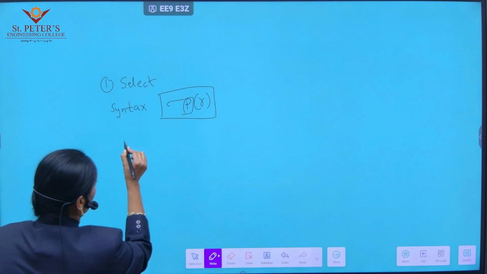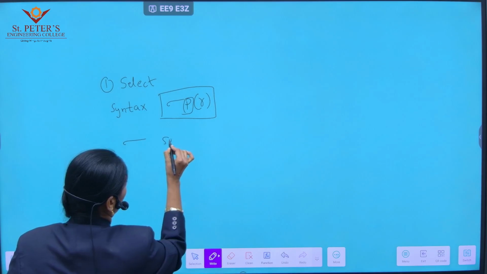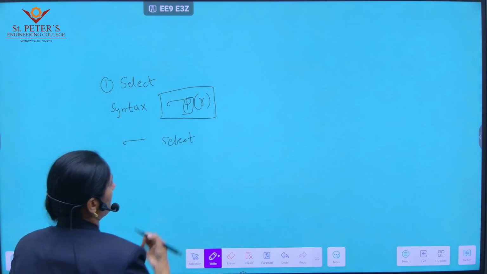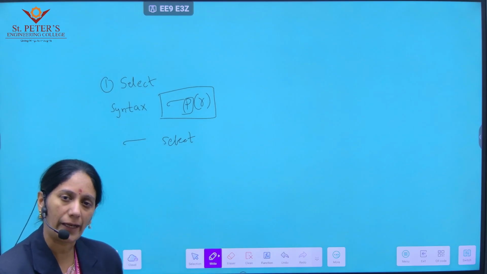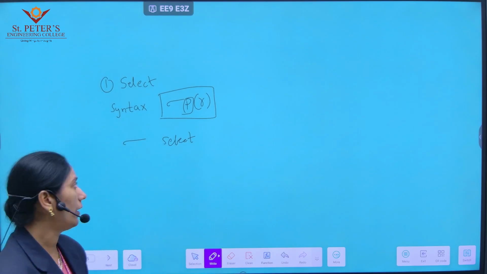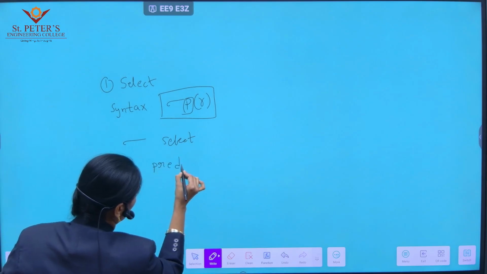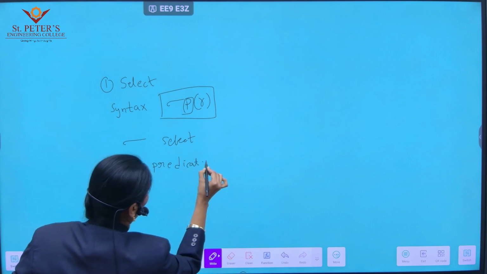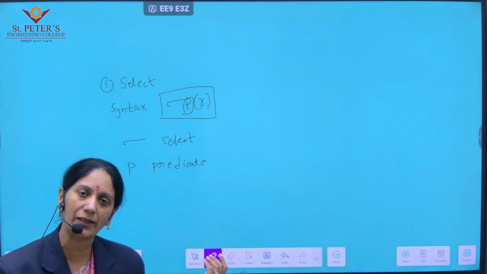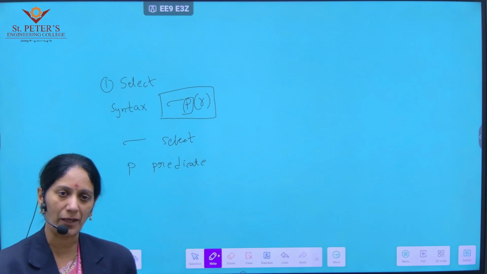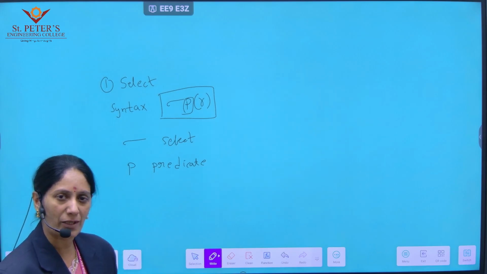What is meant by sigma? Sigma stands for select. Select means selecting the tuples, the data from the table. P stands for predicate, the predicate conditions. There are different types of conditional operations.